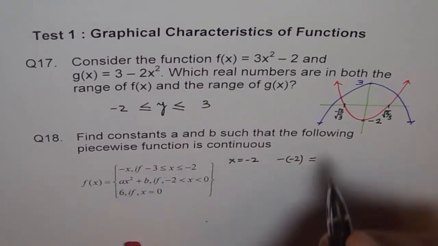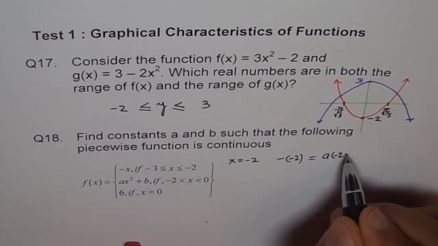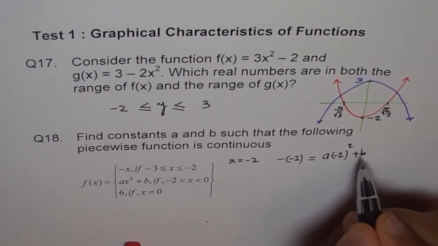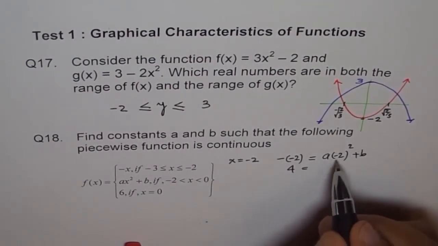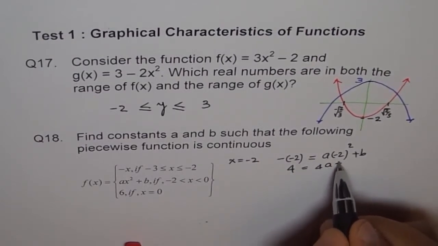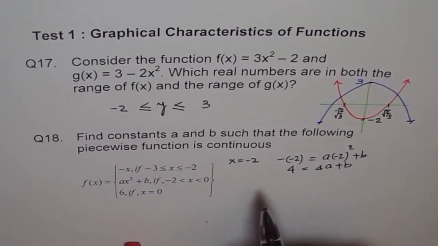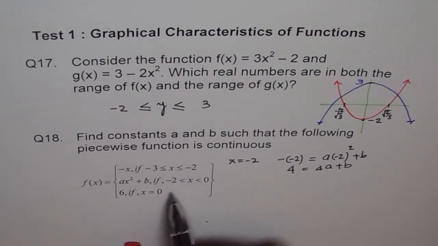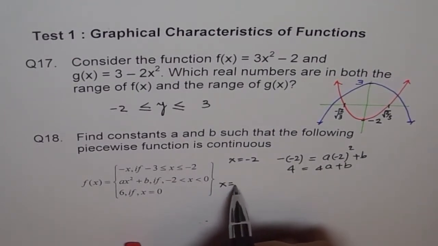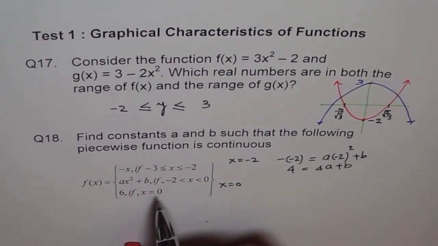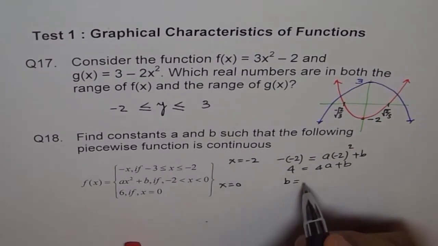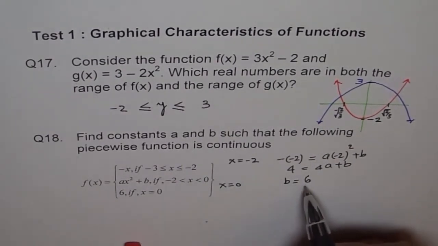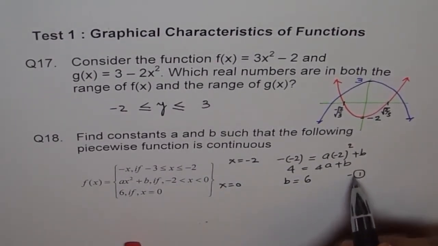So here, this value will be a times minus 2 squared plus b, which gives us 4 equals 4a plus b. Is it okay? Now how about the next one? Next one we'll check for x equals 0. If x equals 0, ax squared will be 0. We are left with b here. So we get b equals 6. That's good. So we get one value.